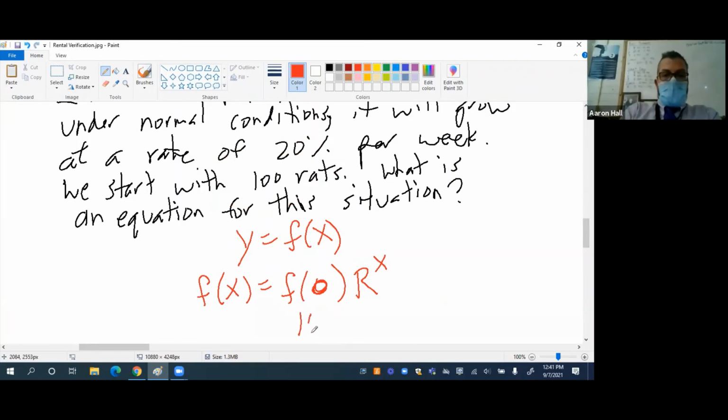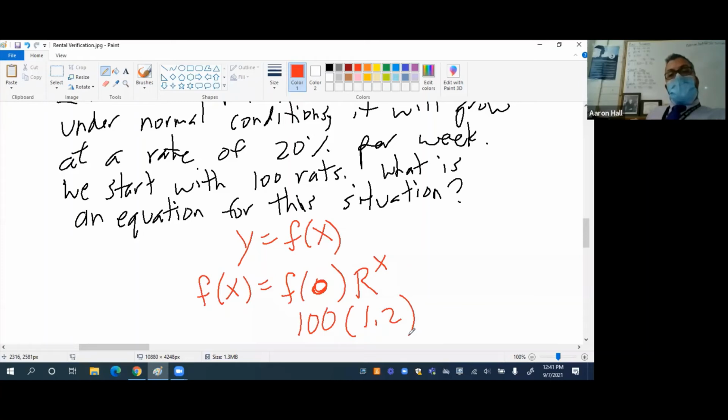And then my rate, my common ratio, is what? 1.2. If you grow at a rate of 1, so I have $10 today and I'm growing at a rate of 1, then tomorrow I'm going to have $10, the next day $10.